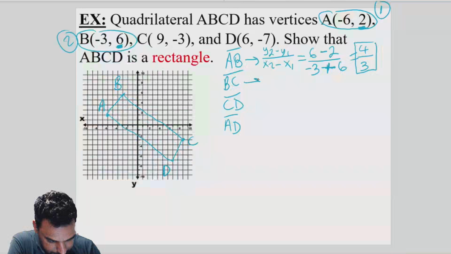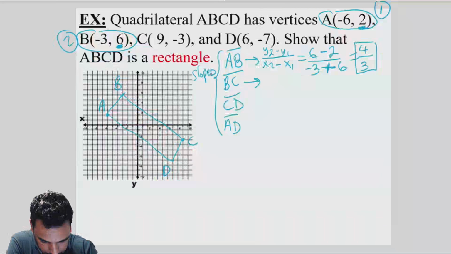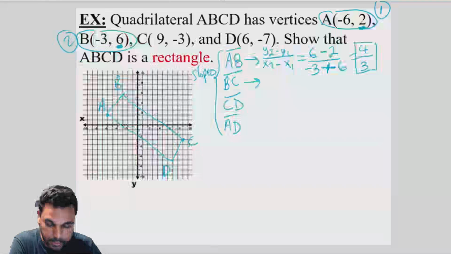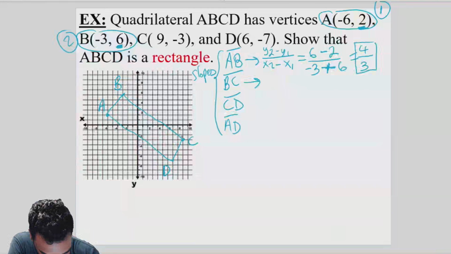For the slope of BC, I should label these slopes. Okay, so for BC, I'm going to use red, and I'm just going to count this one because I want to show you that you could actually just use a graph. No need to use the y2 minus y1. If you weren't graphing it, that's the best time to use the formula. If you are graphing it, then by all means, just count it.